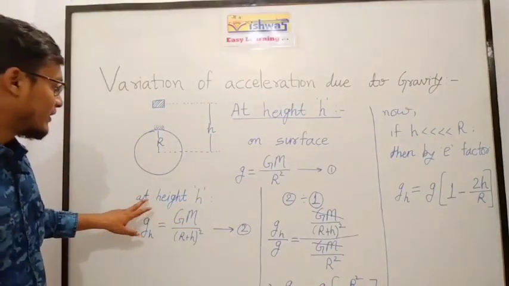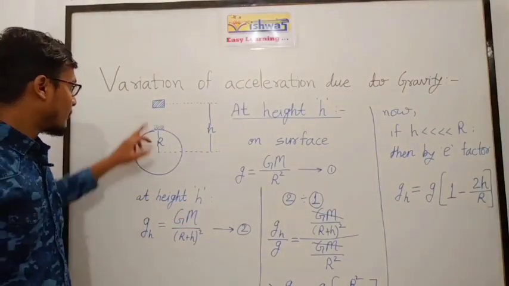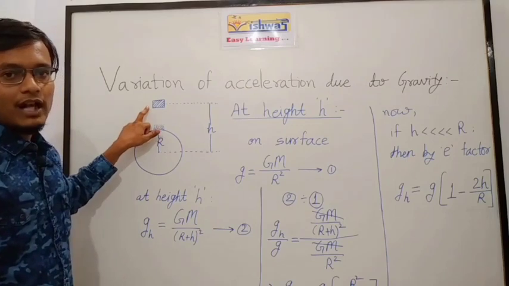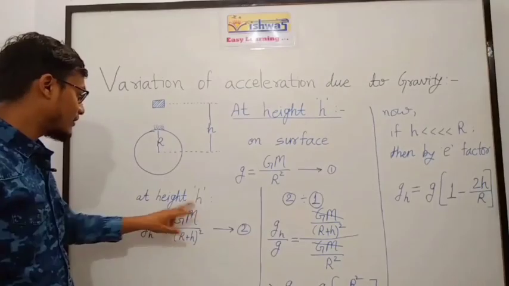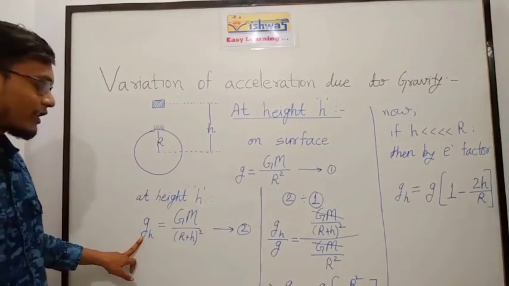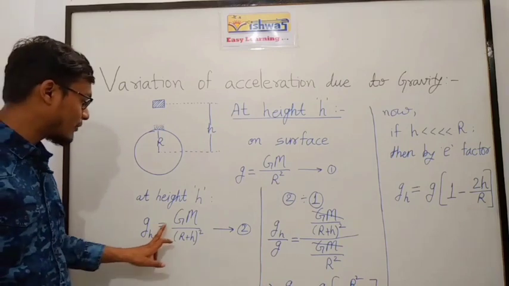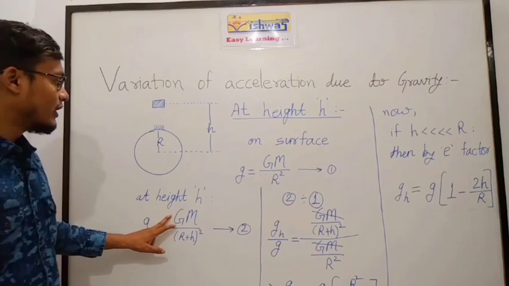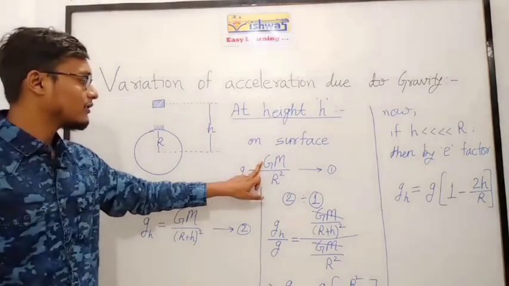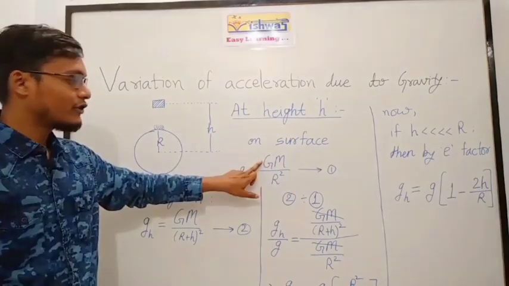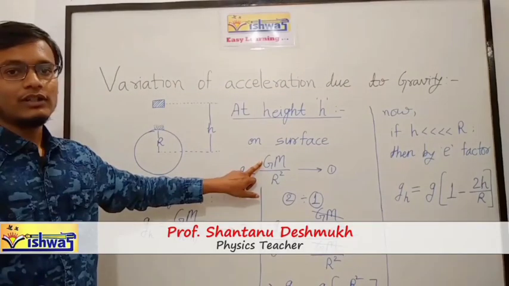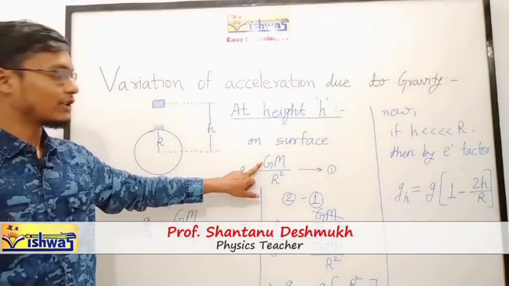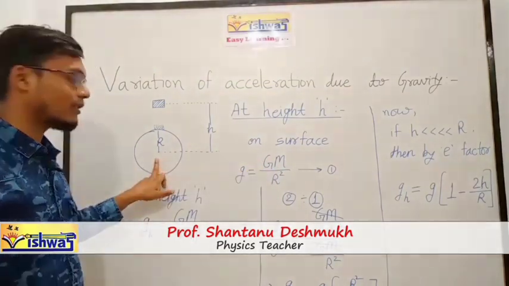Now in the next step we will take our object at height h. So at height h our g will change to gh. So gh is equal to GM by (r plus h) square. Here in the first condition, G means the universal gravitational constant, and M means the mass of the earth.